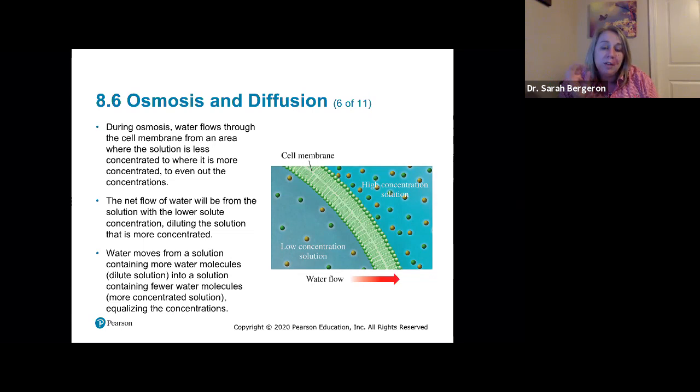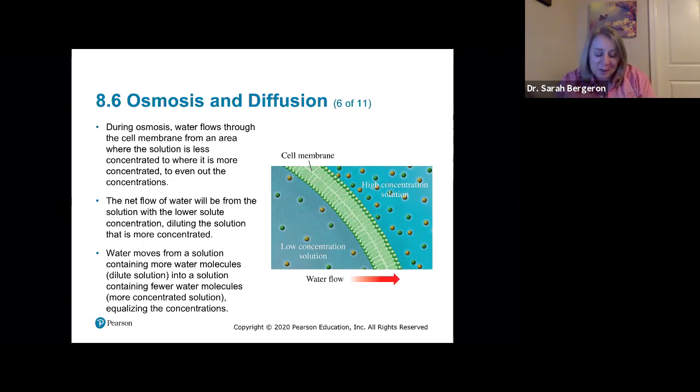So it can either cross the membrane by itself or go through basically a tunnel. And it's always going to move from an area where the solution is more concentrated to an area of less concentration. The water is going to move from high to low.